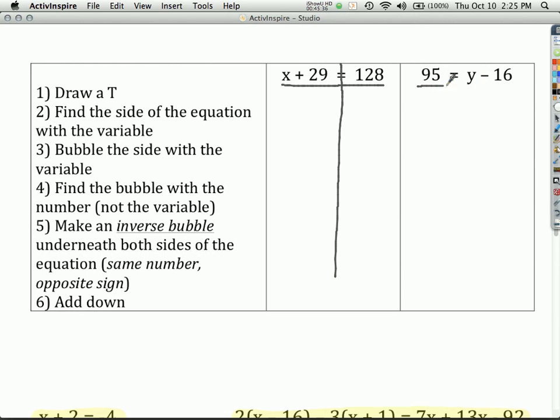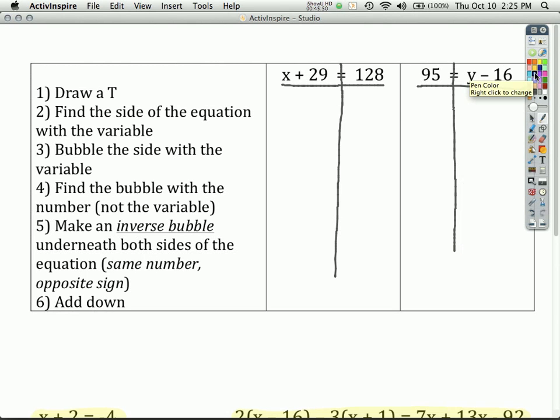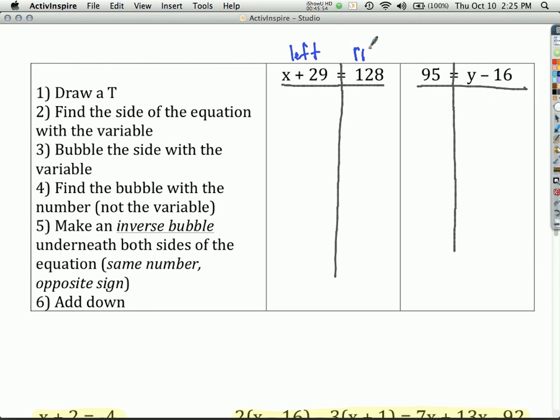The vertical line always goes through the equal sign. Always. You cannot put it anywhere you want. It must go through the equal sign. And what that does is it divides the equation into 2 sides. You've got the left and the right. And so now I can say, look at the left side, look at the right side, and now you know where to look.